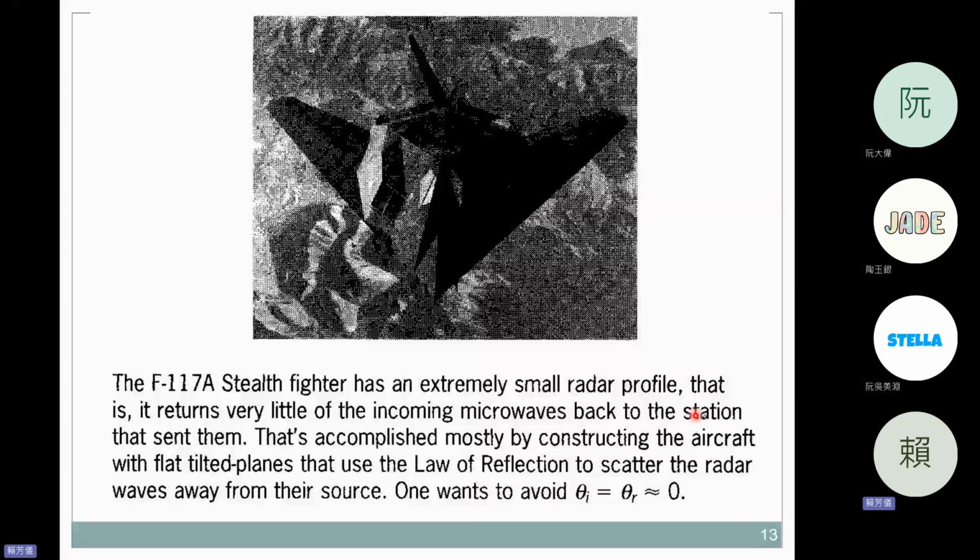But if we change the surface to a tilted angle, then the radio wave will reflect in another direction, so it is not easy to get a reflected signal back, and they won't detect the aircraft.